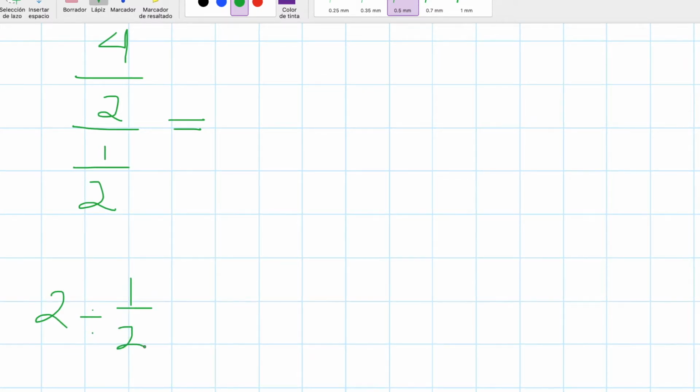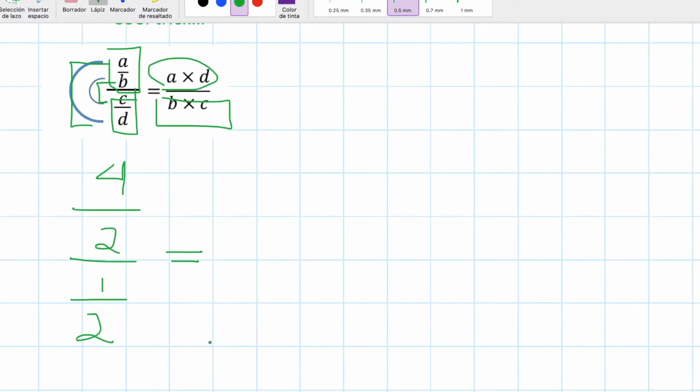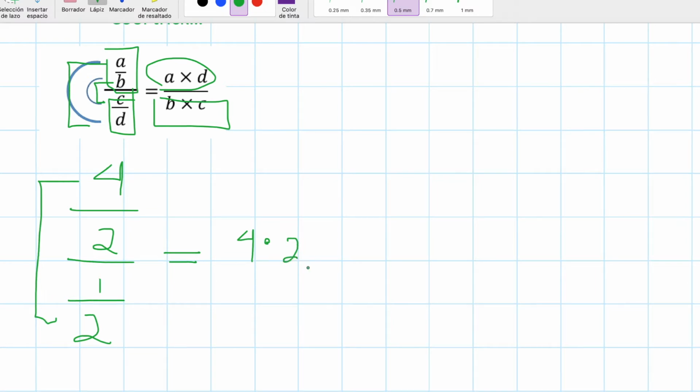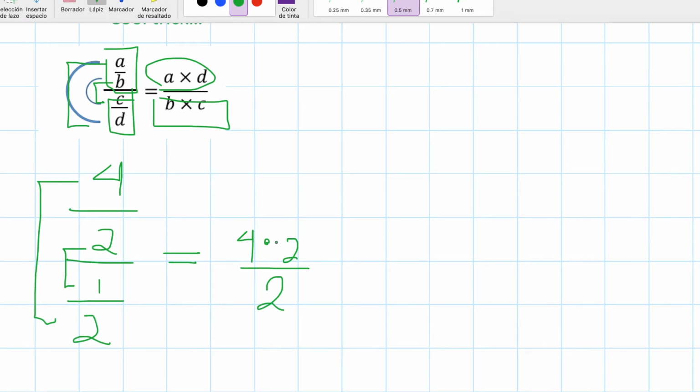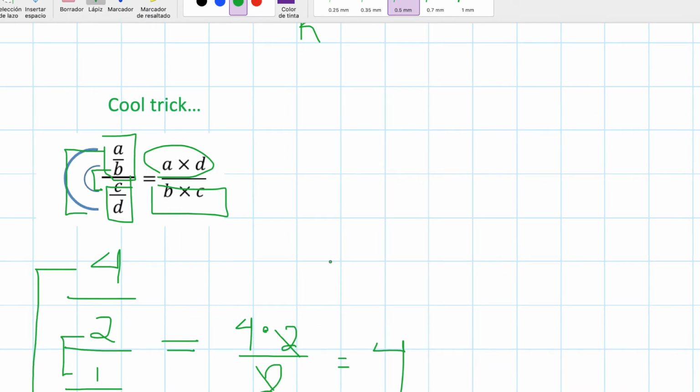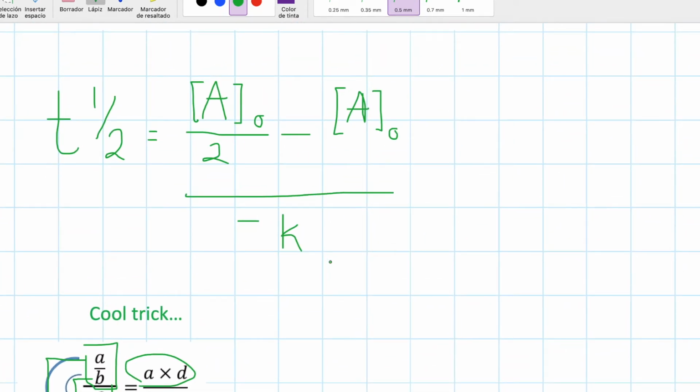So let's see if this tortilla rule works. You multiply the ones that are on the outside, so 4 times 2 over 2 times 1. We can cross out the 2, and we get 4. So yeah, it actually works. That was a cool trick, so let's move on to our equation.